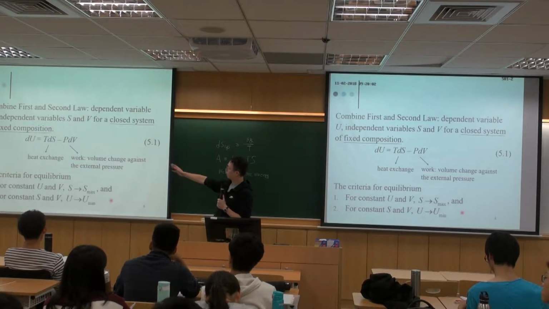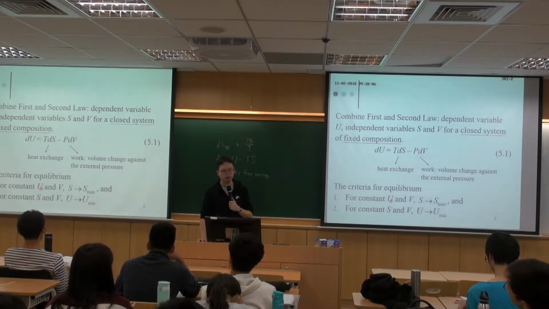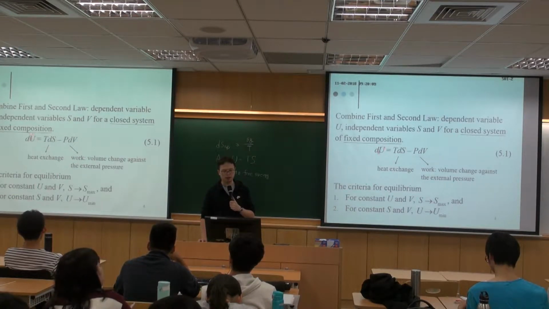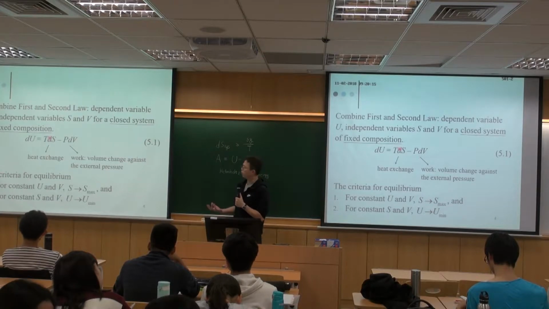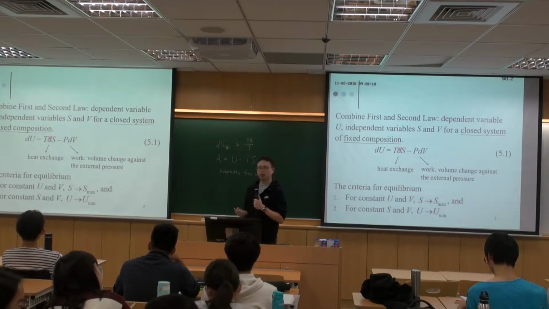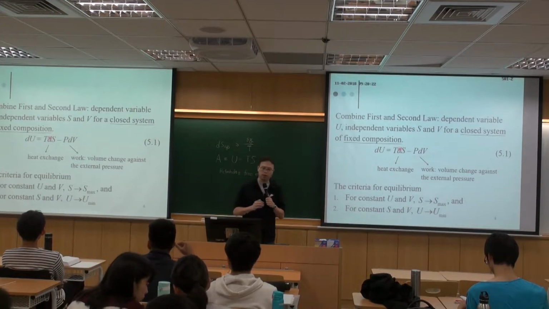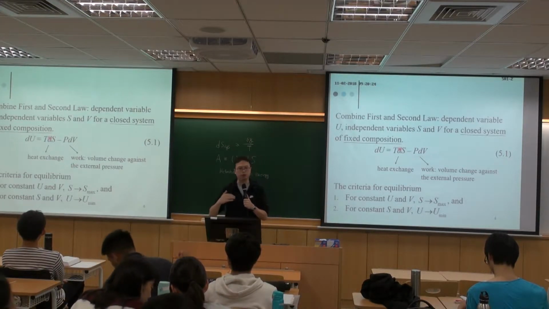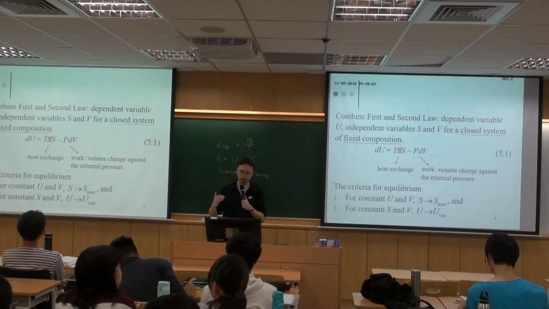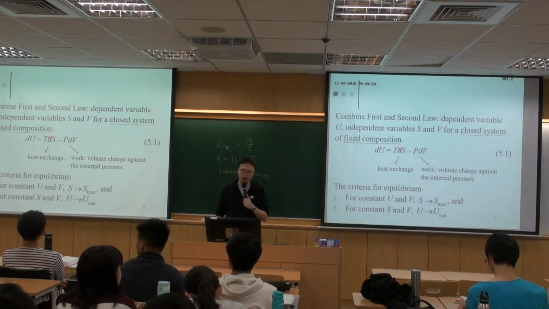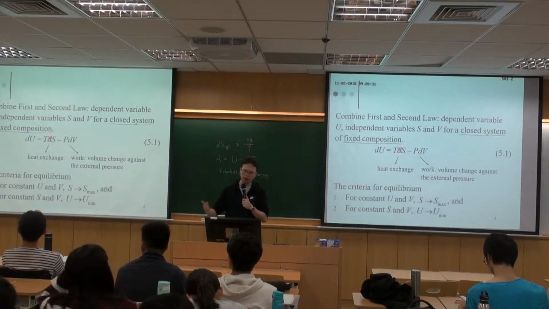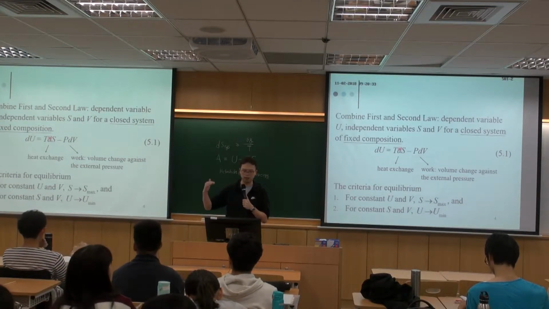And it can be seen just from the equation, because if you fix internal energy and the volume, which means that these two terms are fixed, then we know that dS should go to 0, right? If your dU and dV are 0, then the dS should also be 0 to satisfy this equation. So dS is 0, it means that S should reach some extreme value.